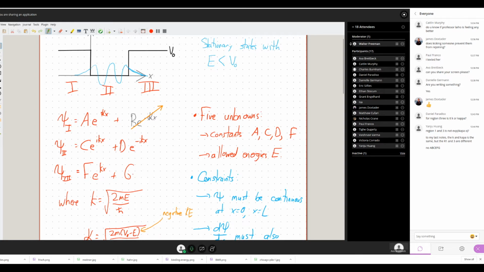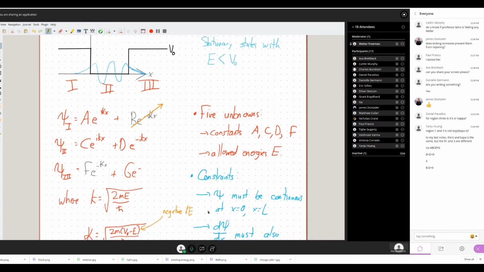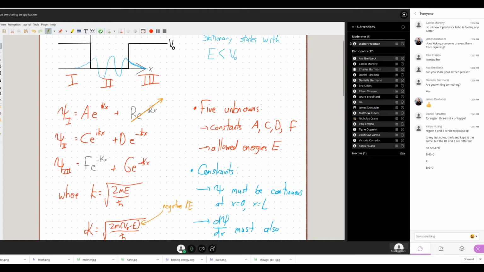But this term here is the one that we know has to go away, because we know it's got to exponentially decay as we go to the right. So most likely that's what you had in your notes. Yeah, so I've named the letters something different here.